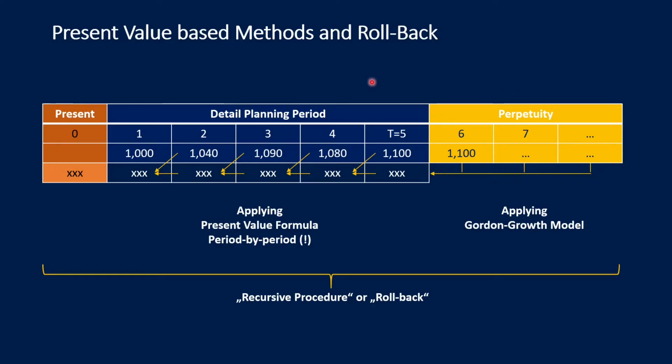Of course, since we have the going concern assumption, we assume that the company does not stop existing. That would lead to an infinite stream of cash flows. And since we cannot simply discount an infinite stream of cash flows, we have to cut it into parts, into the detail planning period and into the perpetuity.